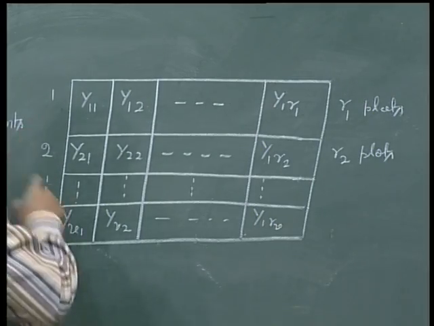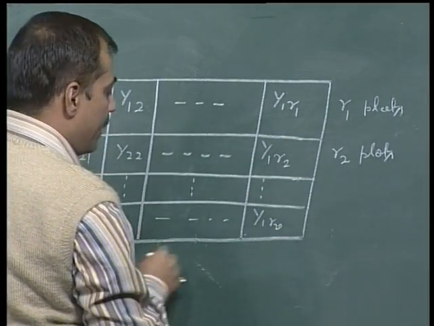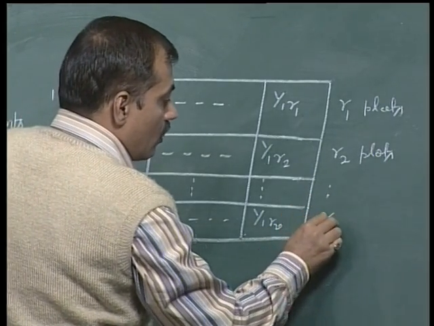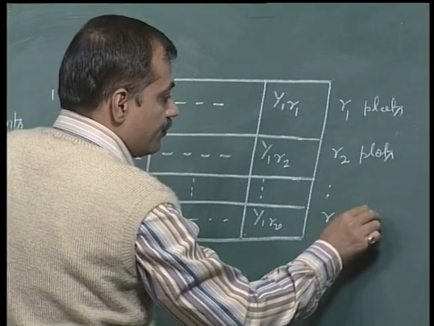We apply treatment 1 in r1 plots, treatment 2 in r2 plots, and treatment v in rv plots.